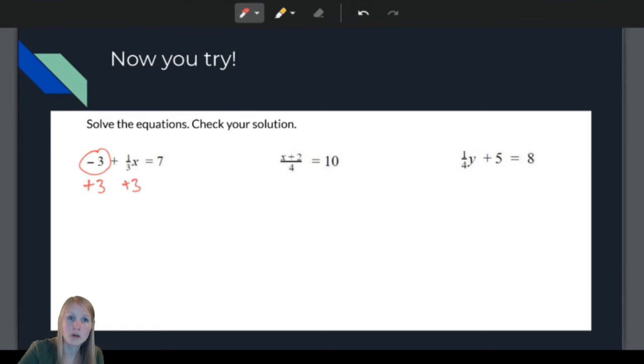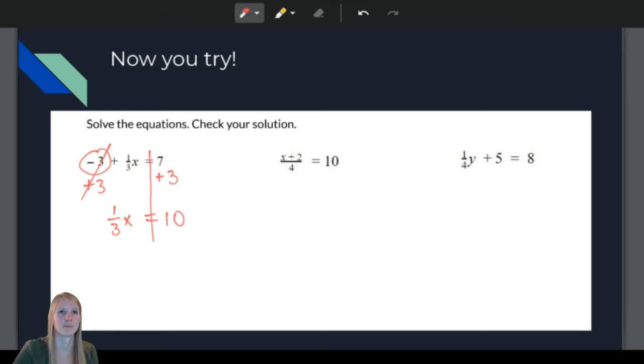Oh, silly me, the equal sign's over here. So I'm going to add 3 over here, and I'm going to add 3 over here. Now that gets rid of the 3's on this side. Now I have 1/3 x equals 7 plus 3 is 10.